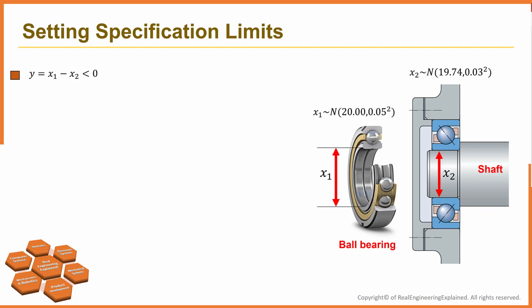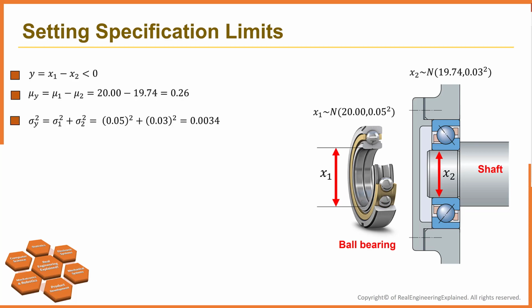Let's name x1 minus x2 as variable y, which is the clearance between the two parts. Please note that the distribution of y is normal, with mean of 0.26 millimeter and variance of 0.0034, because it's a combination of two components.